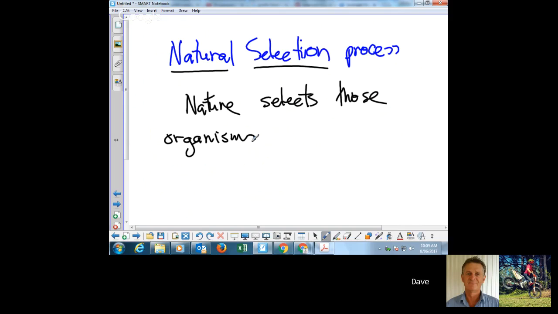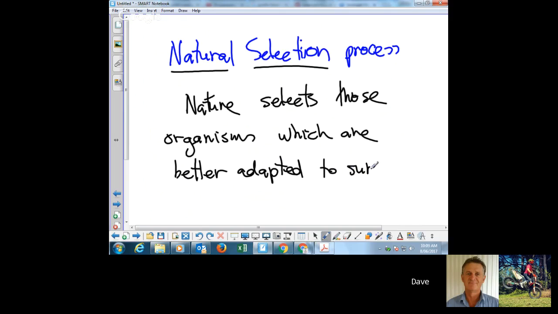So generally, nature selects those organisms which are better adapted to survive. We don't just want them to survive, but also produce offspring.